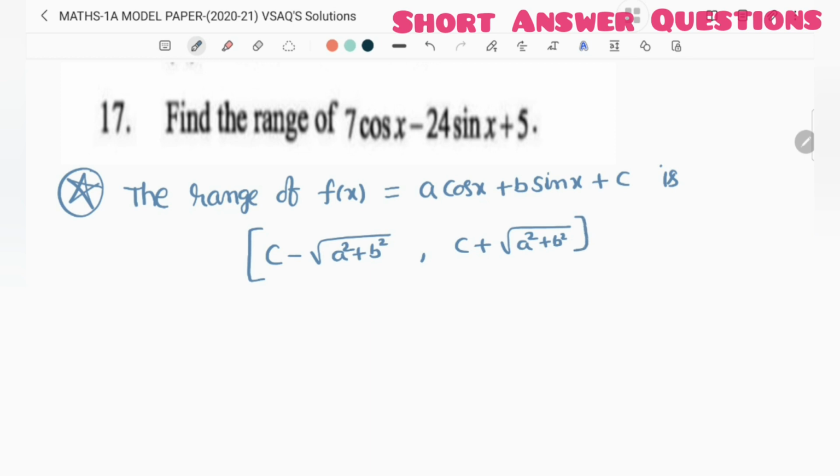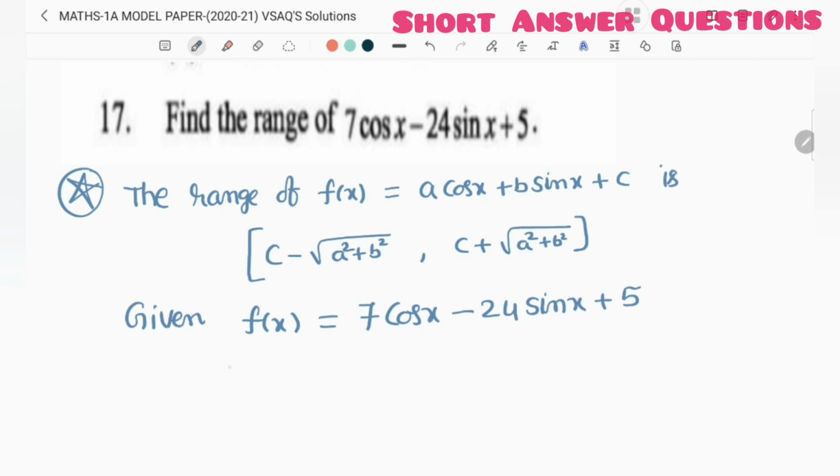So the given question is of the form f of x equal to a cos x plus b sin x plus c. So given f of x is equal to 7 cos x minus 24 sin x plus 5. So here a is equal to 7, b is equal to minus 24 and c is equal to 5.